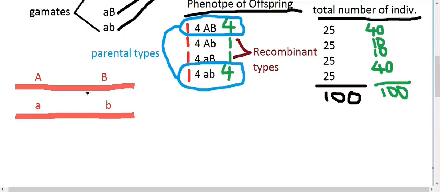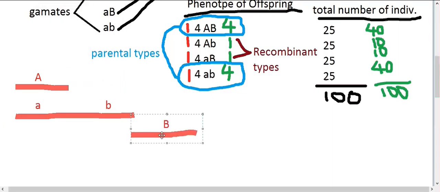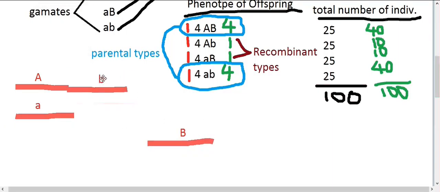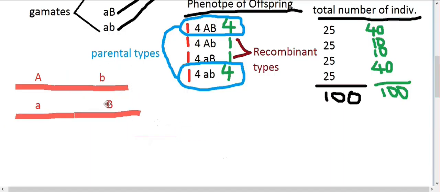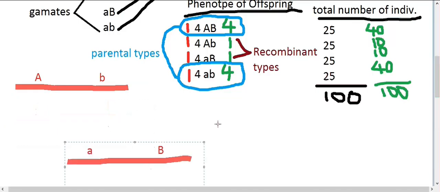And if the crossover occurs here, you get that part taken off, you get a B there, and that's what the crossover produces. Once these chromosomes segregate and go their own way, you create gametes that are here, and gametes here.